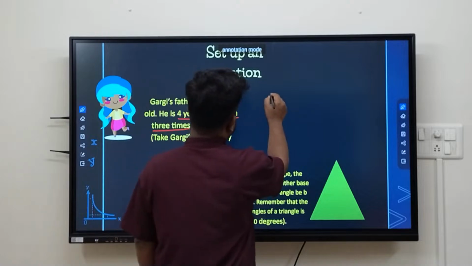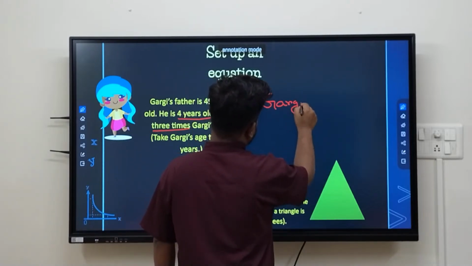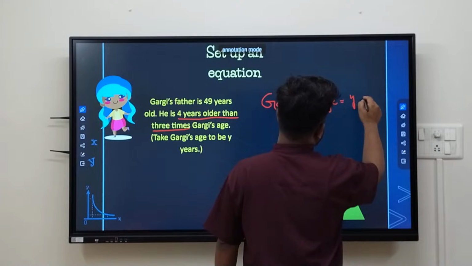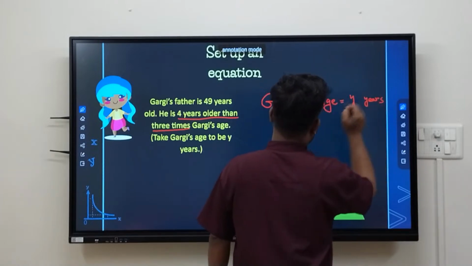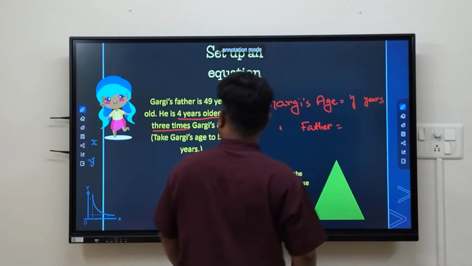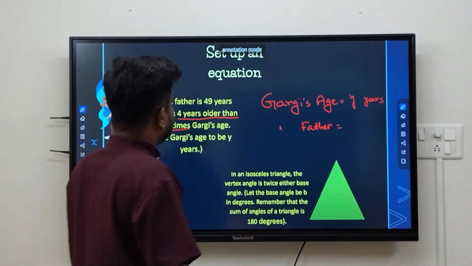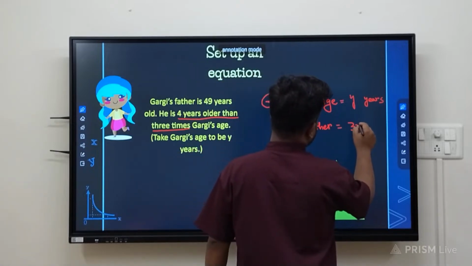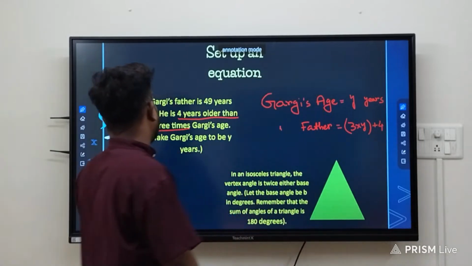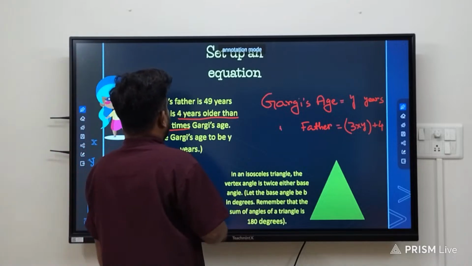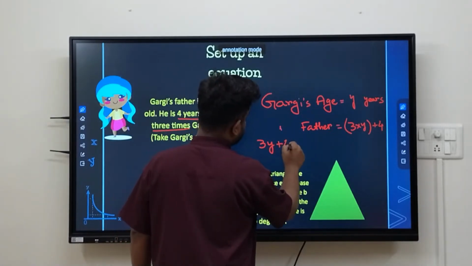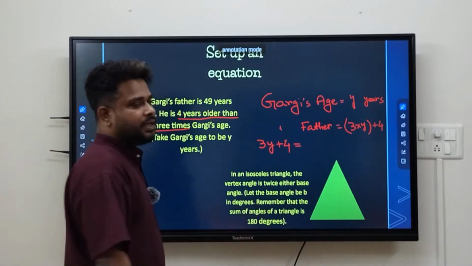That means if Gargi's age is y years, then Gargi's father's age is 4 years older than 3 times. 3 times Gargi's age will be 3 into y, and he is 4 years older than that. So by our calculation, Gargi's father's age is 3y plus 4.